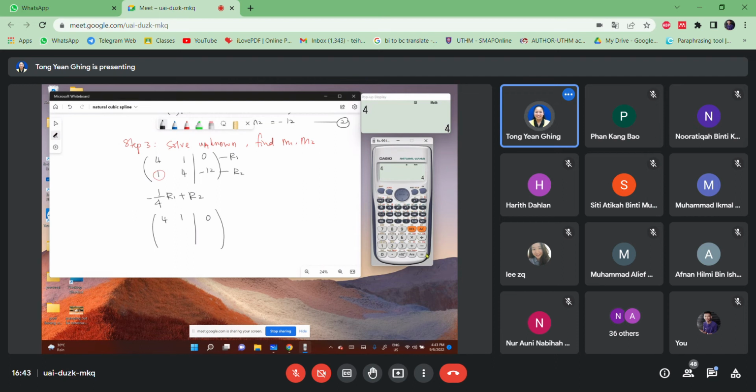A is row 1, sorry, 4. B is 1. So I get 0.